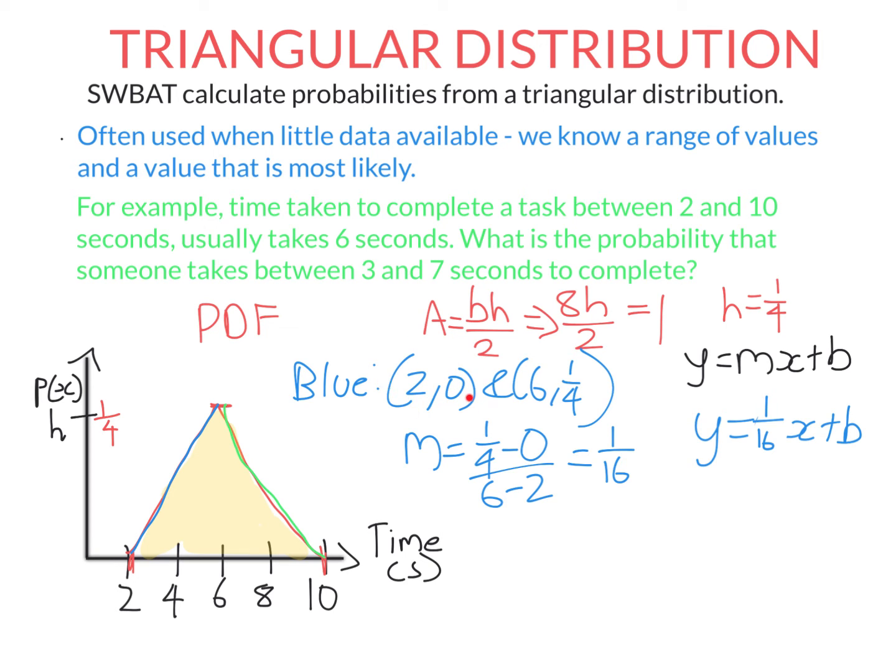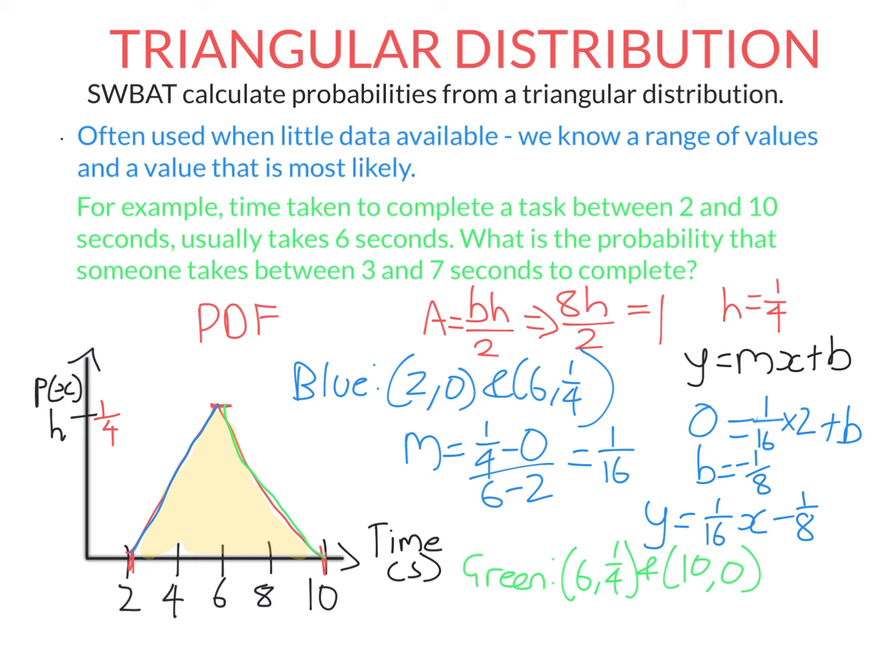This one's probably easier because it doesn't have any fractions. So I'm going to substitute x for 2 and y for 0. Solving this equation should be very easy. 2 times 1 over 16 is 1/8. I get b is negative 1/8. And so the equation in blue is y = x/16 minus 1/8.